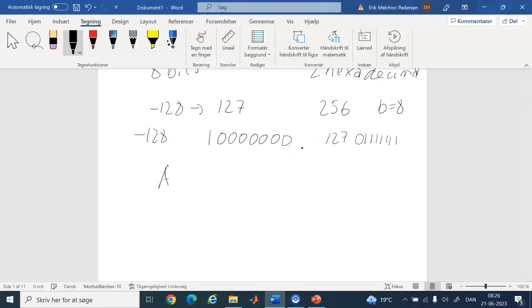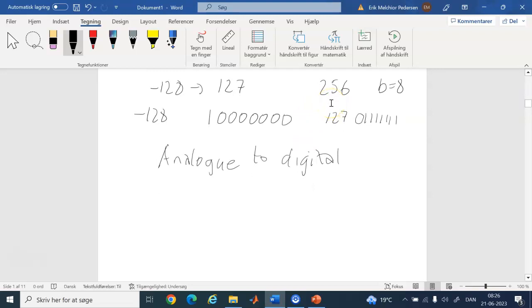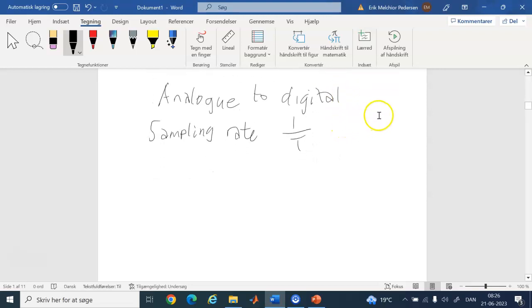Analog to digital, that's what it's about. It's an ADC converter and so on. We need some sampling rate: with sampling period T, the sampling rate is 1 divided by T, and it is governed by Nyquist.